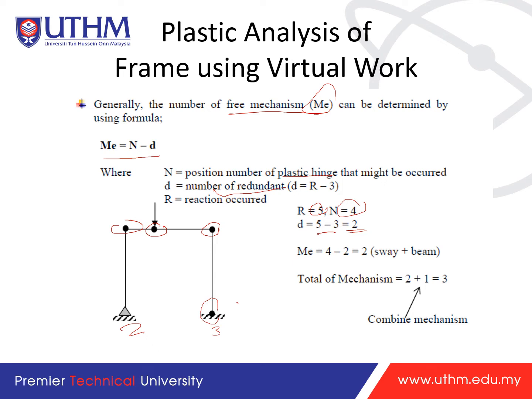ME equals N minus D, so 4 minus 2 is 2. This means that for this portal frame we have 2 free mechanisms, one is sway and another one is the beam. So the total is 2 plus 1, meaning one sway, one beam, and one combined, so 3 mechanisms.